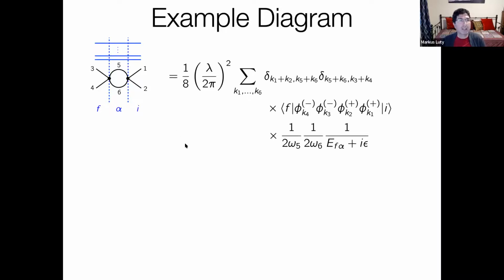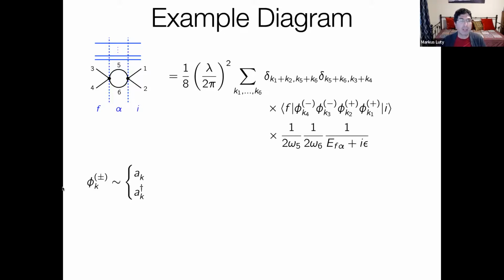And now here's the diagram, okay? So this is a lot, but let me just say here's some symmetry factor, there's some coupling constant factor. Now I assign a spatial momentum to each line, and I sum over all the spatial momenta. I have a delta function for the spatial momentum at each vertex. Okay, I have an external state factor, which consists of the matrix elements of these positive and negative frequency states.